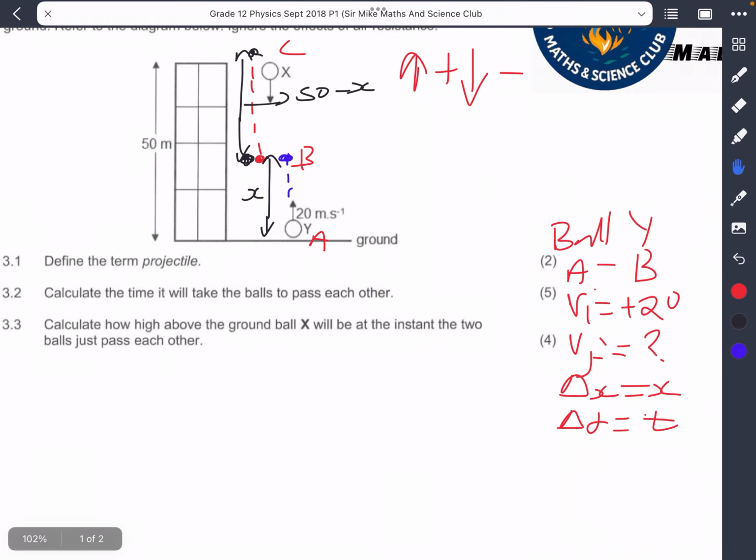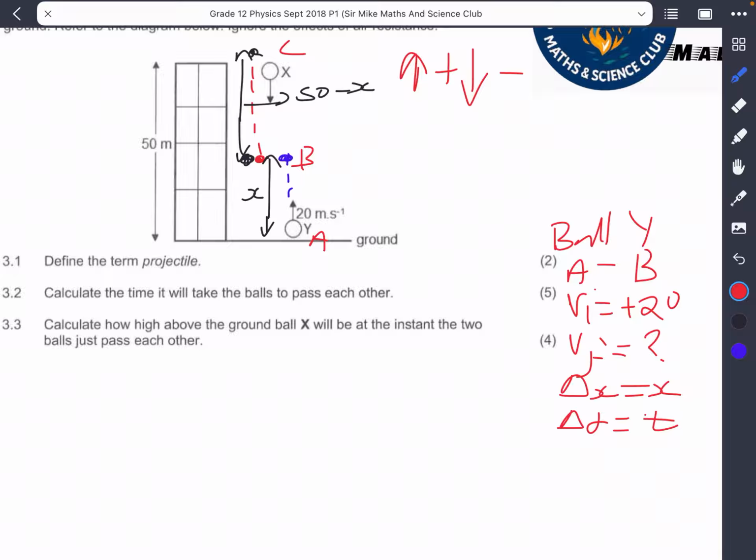Now, the other thing that we need to take note of is the gravitational acceleration value. These objects are always accelerating at 9.8 meters per second squared, but the direction of that acceleration will always be vertically downwards.